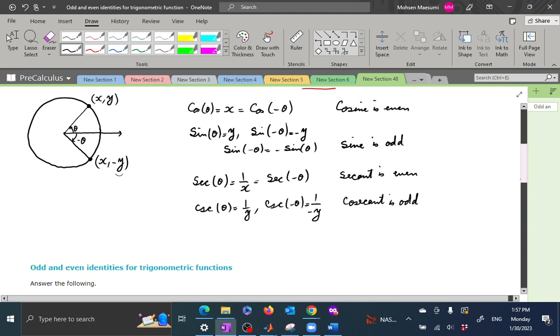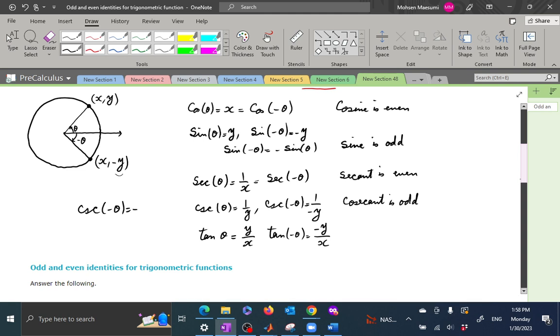Well, how about tangent? Tangent of theta, you remember tangent was ratio of y to x. How about tangent of minus theta? Well, now our y coordinate is minus y, our x coordinate is the same. Therefore, let me write this thing. Cosecant of minus theta is minus cosecant of theta.